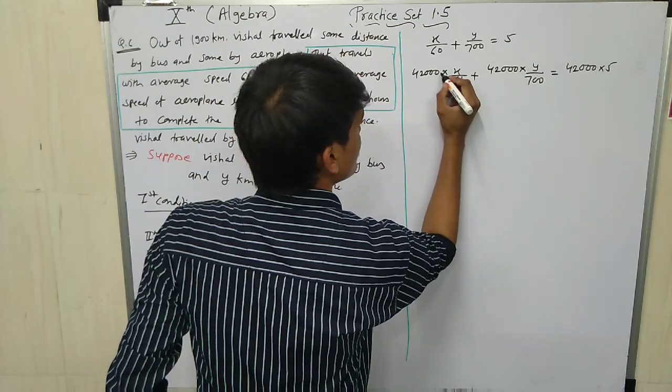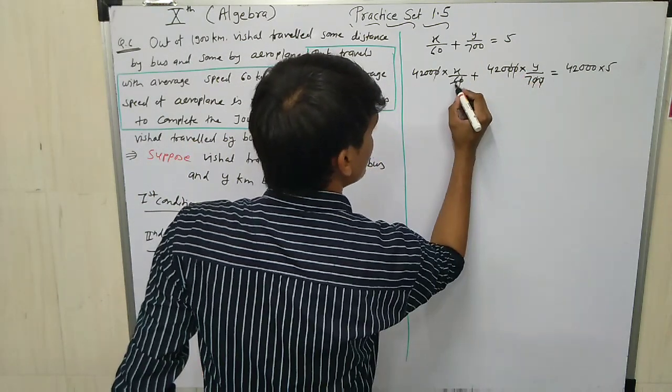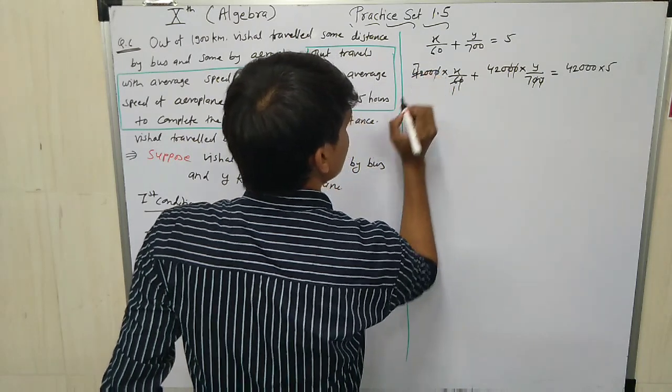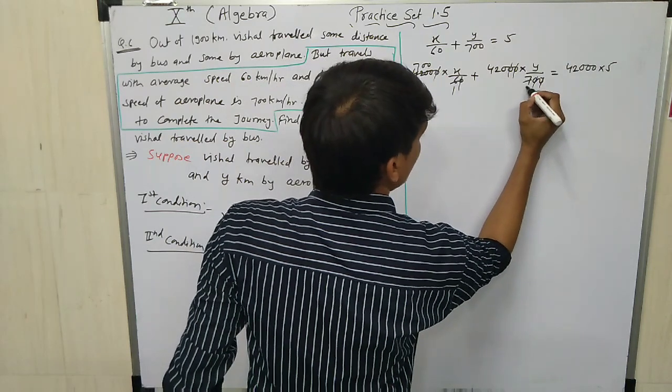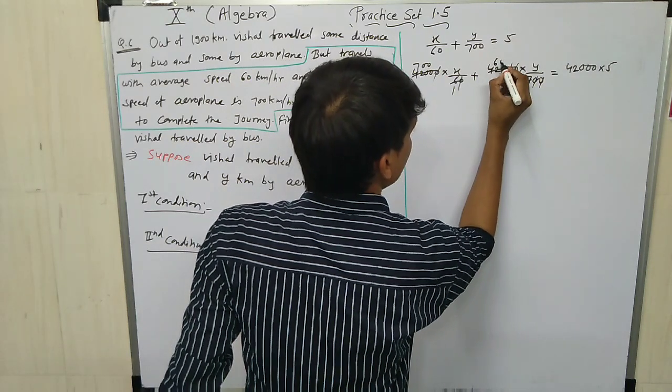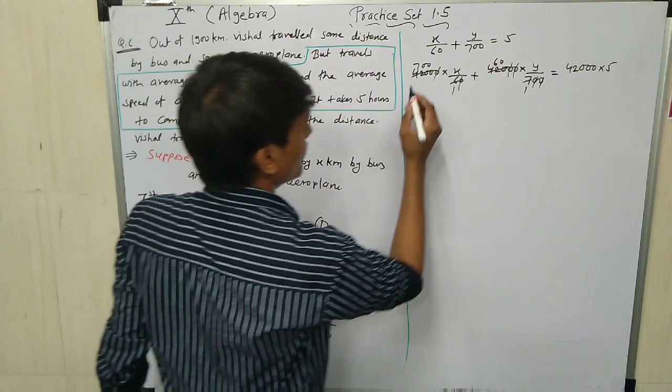There it is cancelled. 00 will be cancelled. Now 6 1s are 6, 6 7s are 42, there is 700, 7 1s are 7, 7 6s are 42, there is 60 into y is equal to this number.